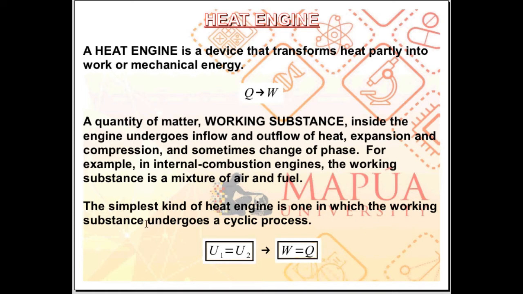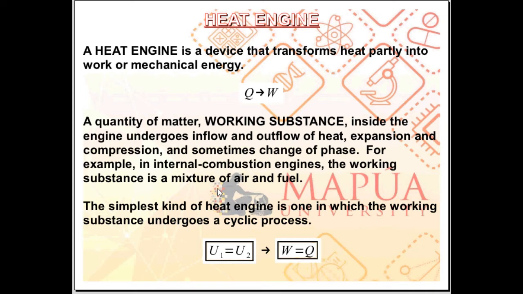The simplest kind of heat engine is one in which the working substance undergoes a cyclic process. A cyclic process, you will recall, is a process in which the system goes back to its initial state. So, from the initial state, the system undergoes a process, and at the end of the process, the system goes back to its initial state.